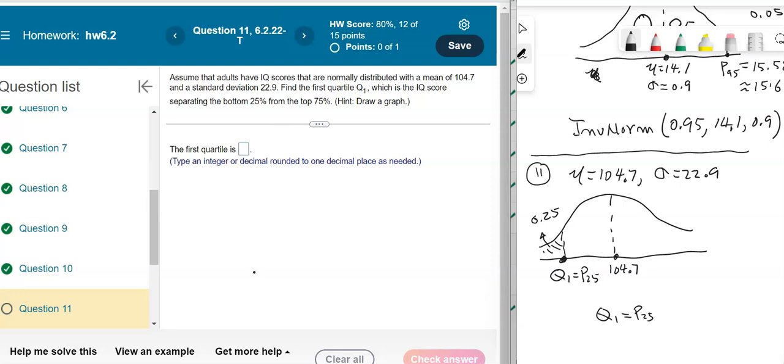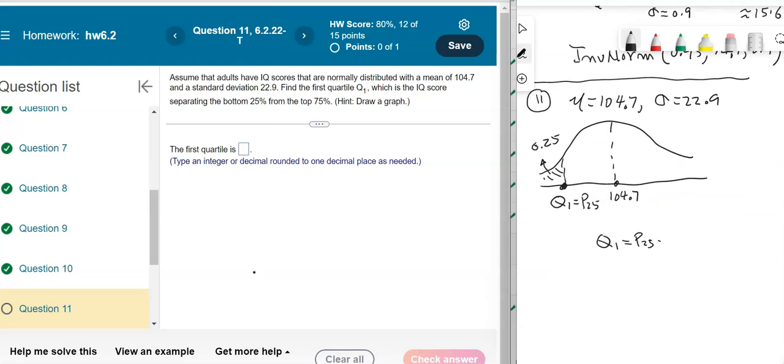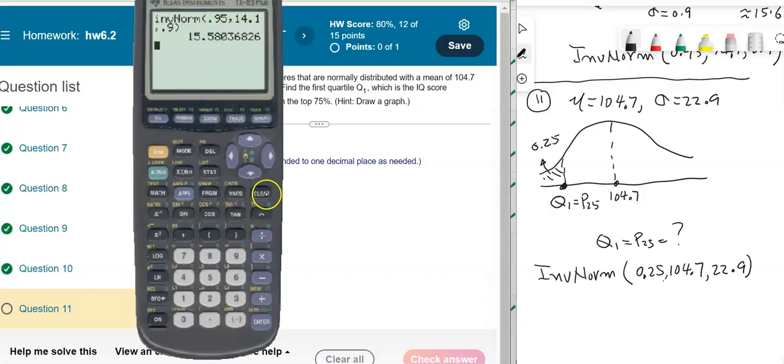So now you need to find Q1. We go to inverse norm. Clear, second bars, inverse norm.